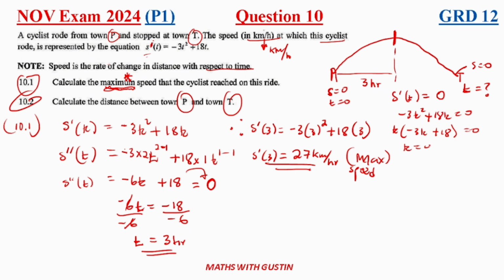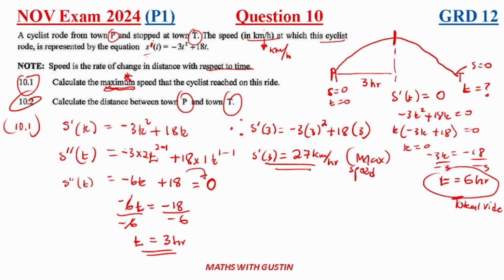So t is equal to 0, or negative 3t is equal to negative 18, divided by negative 3, so t is equal to 6 hours. So this is our t total, guys. It's equal to 6 hours. This is the total time it took for the ride, the total riding time.